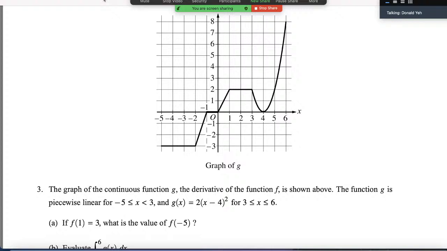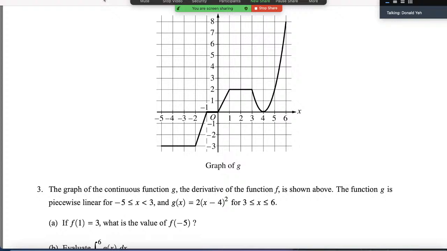Can you rephrase your question? Maybe other people can help me answer this as well. Sure. It says f of 1 is equal to 3, and we're looking for f of negative 5. But I'm wondering why the 1 and the negative 5 would be the boundaries for plugging into the equation. I don't get why we would use those in relation to g of x.